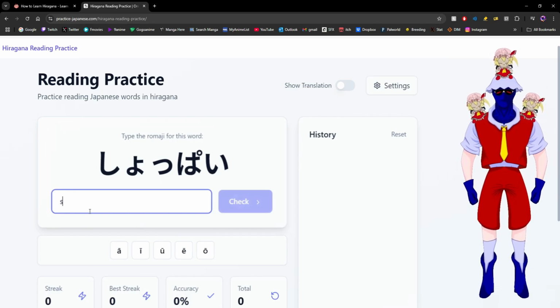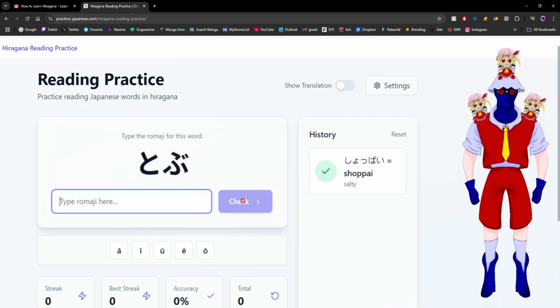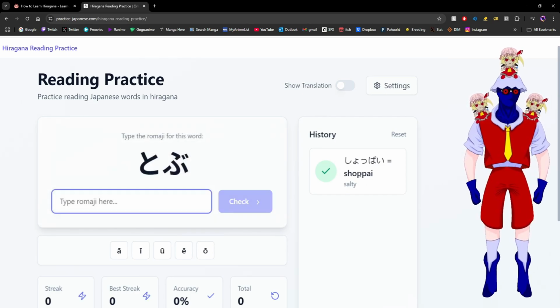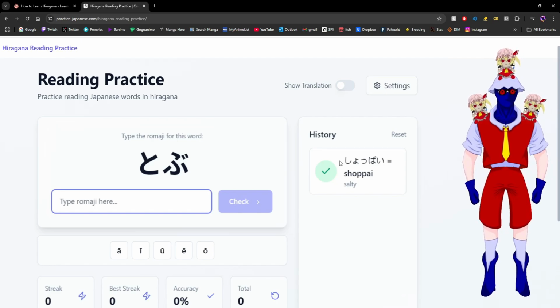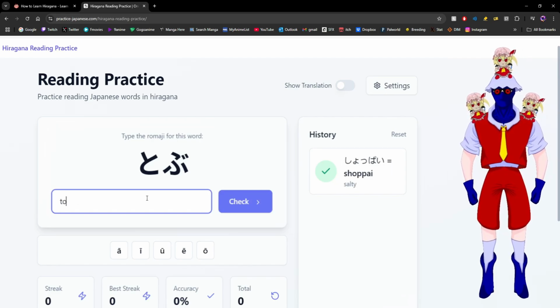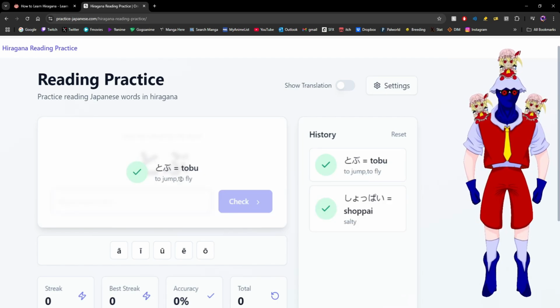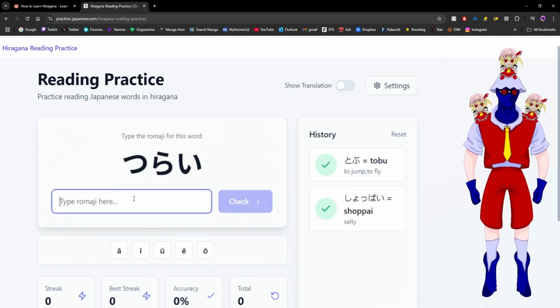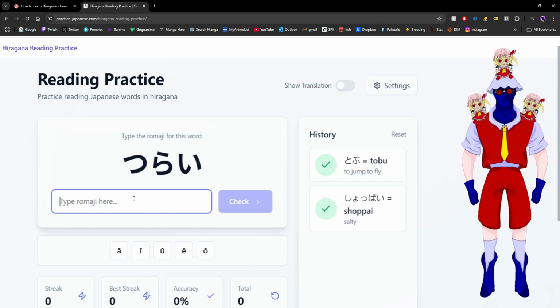And we will use, let's see, it is nice, okay, salty. So this is how you decipher this, for this website at least. This is shopai, salty. And this is the fu sound, which translates to bu, tobu. No, bu. Okay, to jump, to fly. So basically, yeah, that's what that side does.